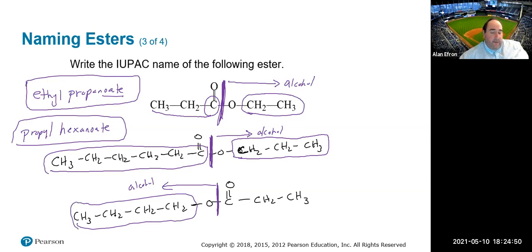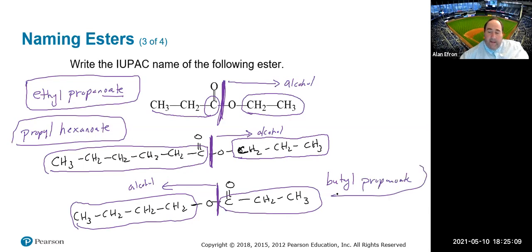And that is a 1, 2, 3, 4 carbon group. 4 carbons is a butyl group. Now coming to my carboxylic acid, which includes that carbon. That is 3 carbons, which again would be propanoate. So butyl propanoate. Any questions on the naming of an ester?